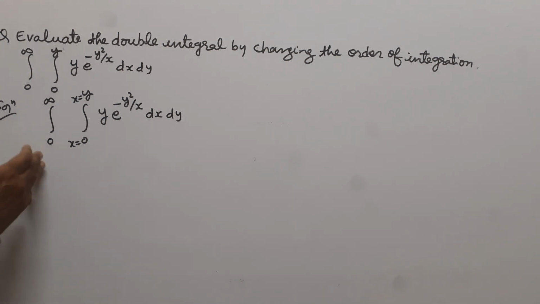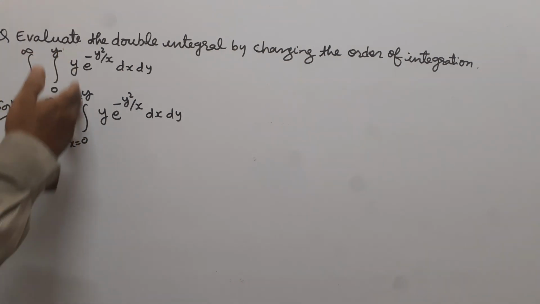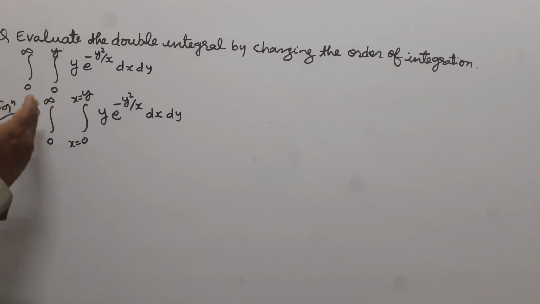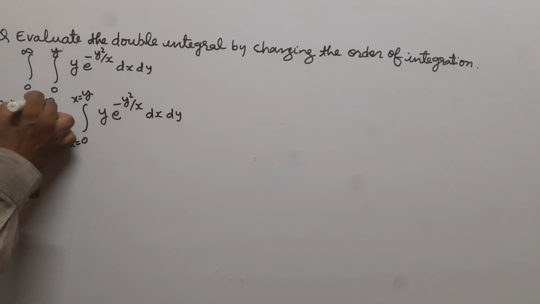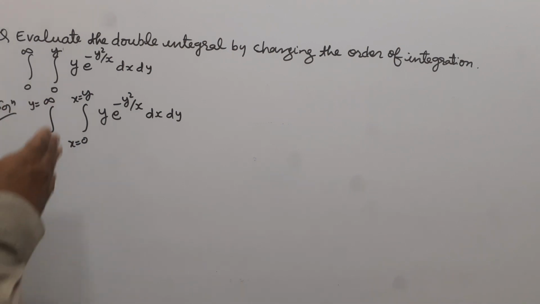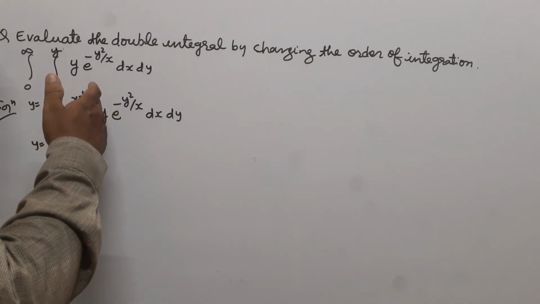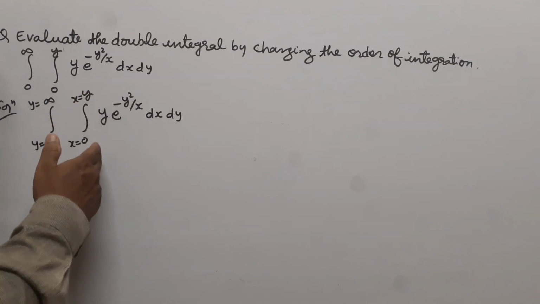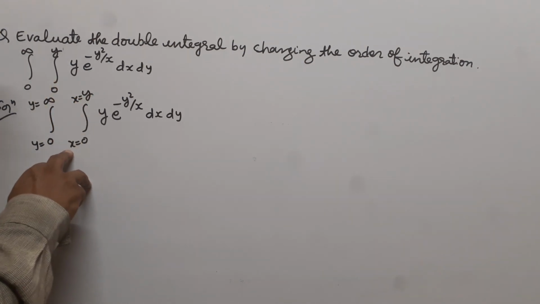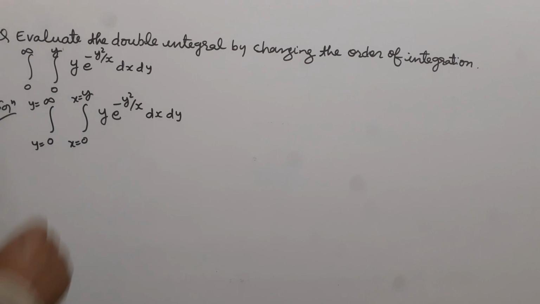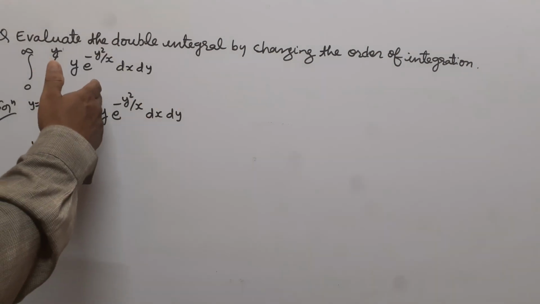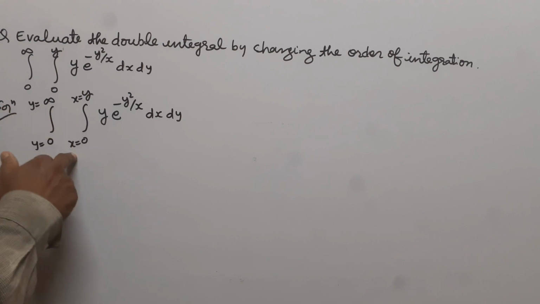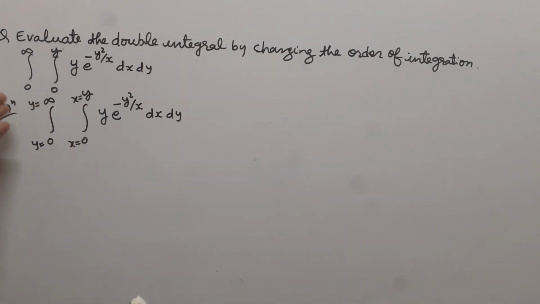On the right hand side, if this is the limit of x, then on the left hand side this is the limit of y. If the limit is a function of y, then this is the limit of x, so x goes from 0 to y. If the inner limit is of the variable x, then the outer limit is of y.